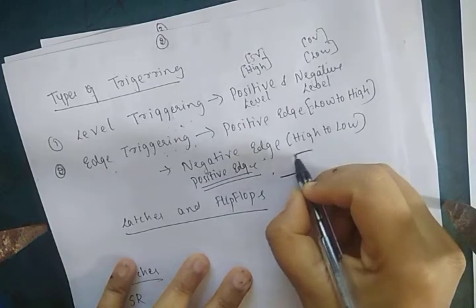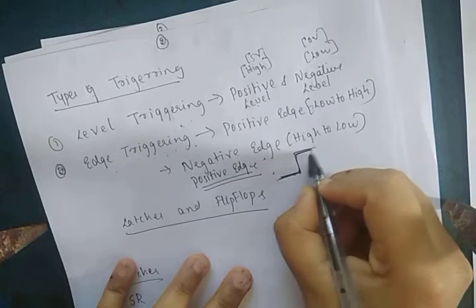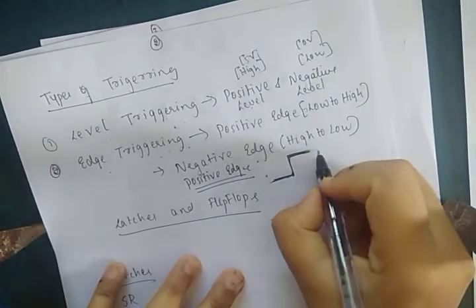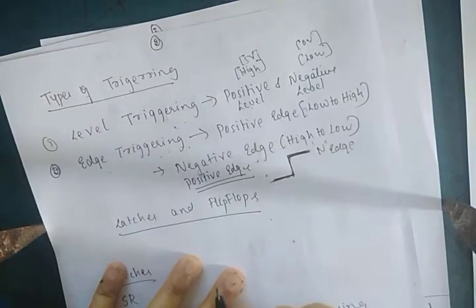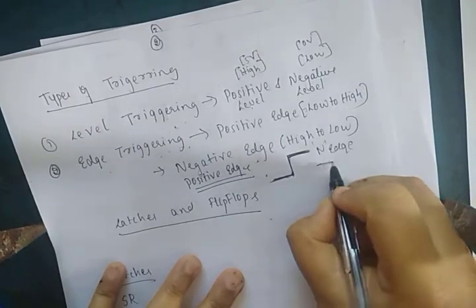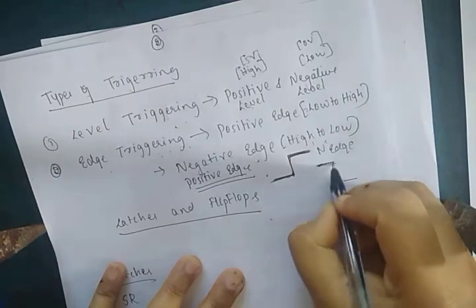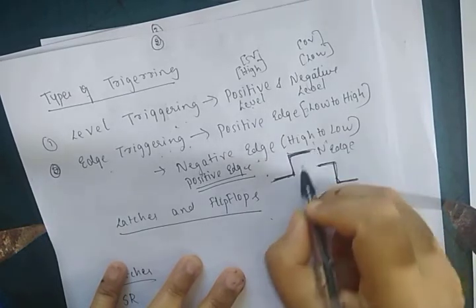This is our positive edge. Then what will be our negative edge? Going from high to low. Going from high to low is negative, going from low to high is positive.